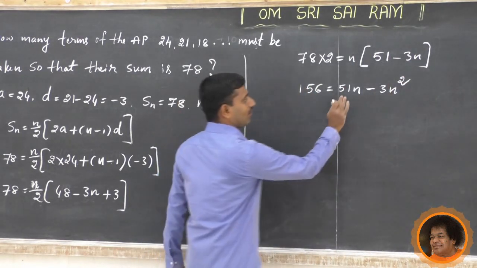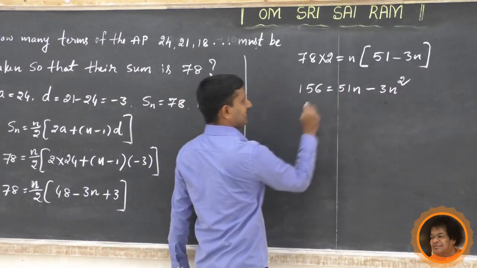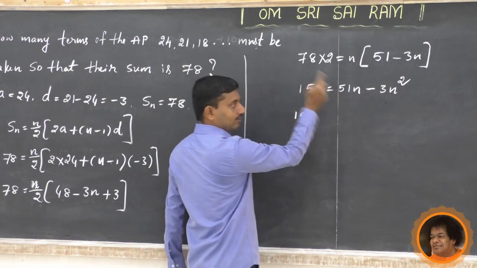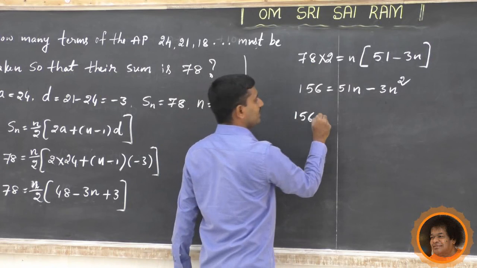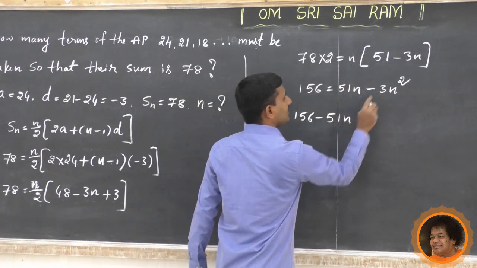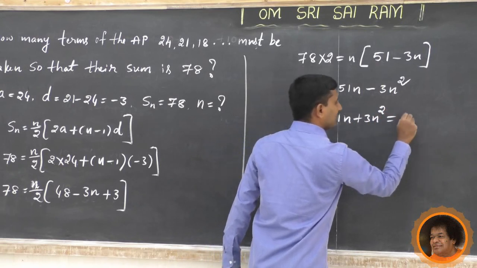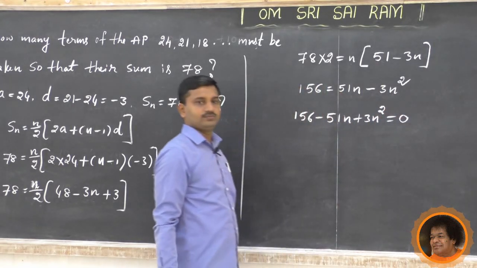Now transpose all the terms from the right hand side. So 156 minus 51n, minus 3n square becomes plus 3n square, which is equal to 0.